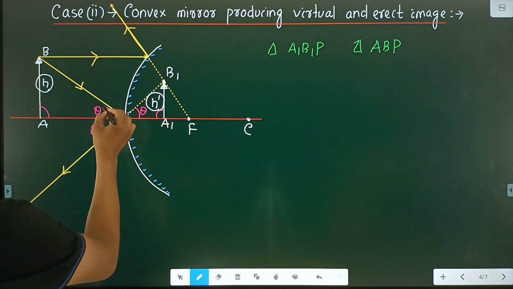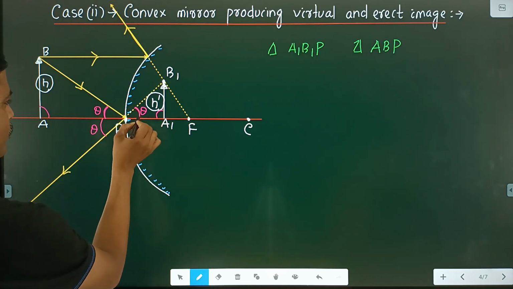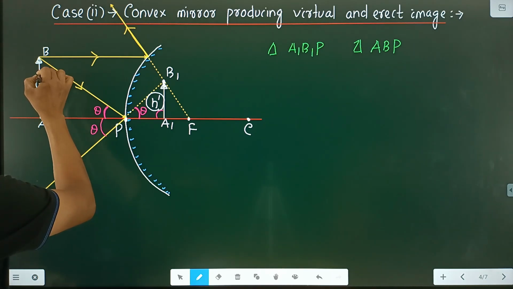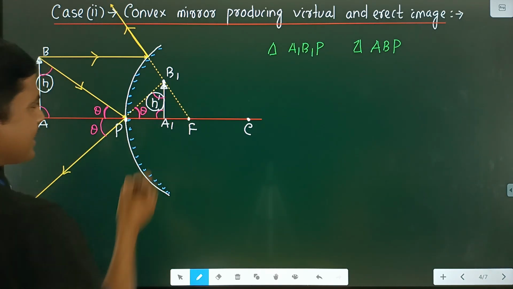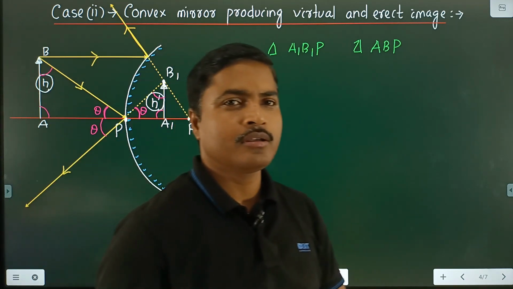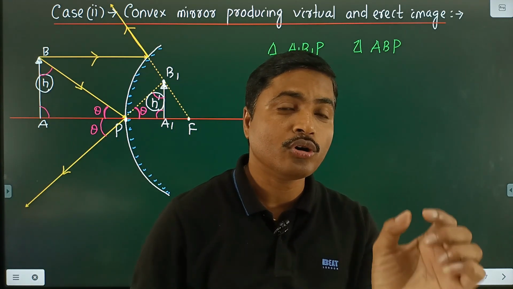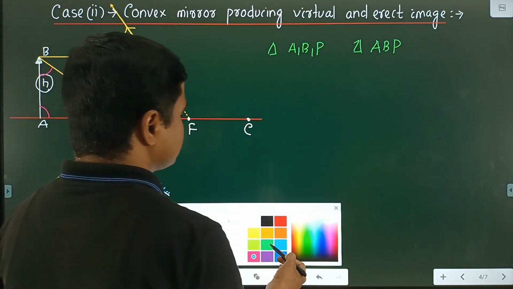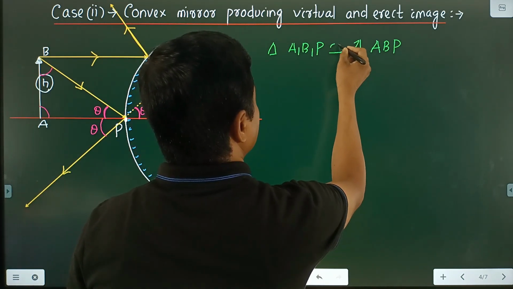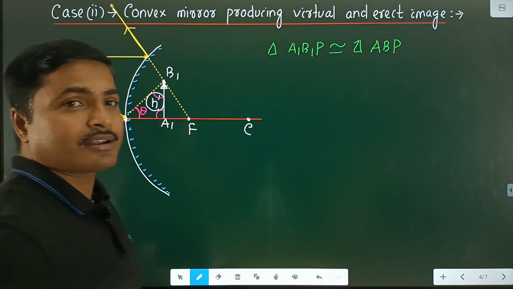That means this angle and this angle are both the same. Then the third angle of one triangle must be the same as the third angle of the other triangle, so we write both the triangles are similar. Simply we write triangle A1B1P is similar to triangle ABP.